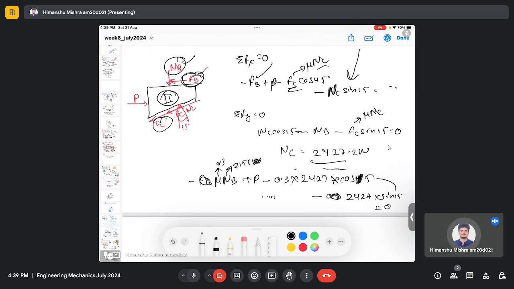So when you solve this equation, because there is only one unknown in this equation, P, the P will be 1978.3 Newton.